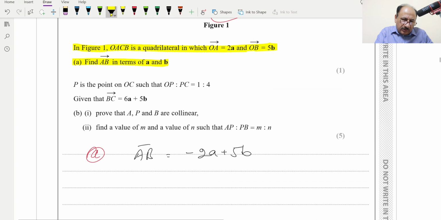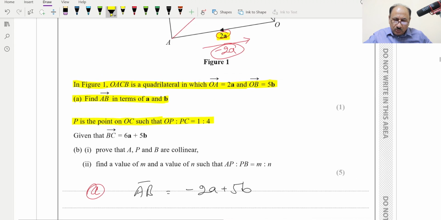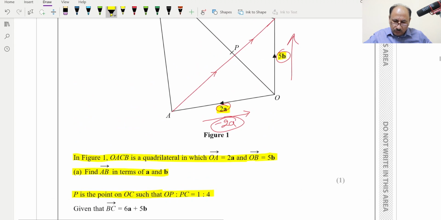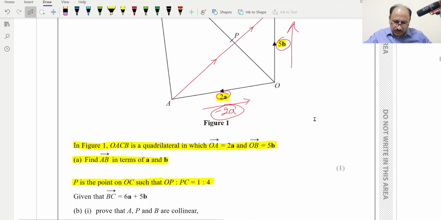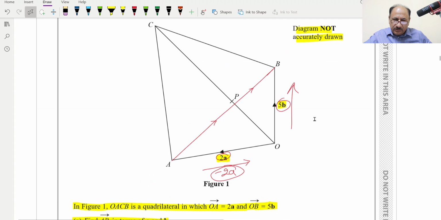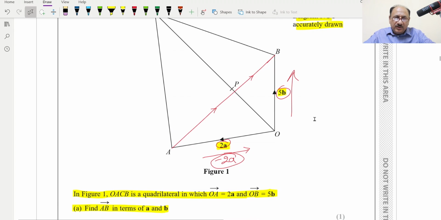Then for part B, P is the point on OC such that OP ratio PC is equal to 1 ratio 4. It is divided into 5 portions. This is 1 portion, this is 4 portions. So this will be 4 by 5 and this will be 1 by 5.